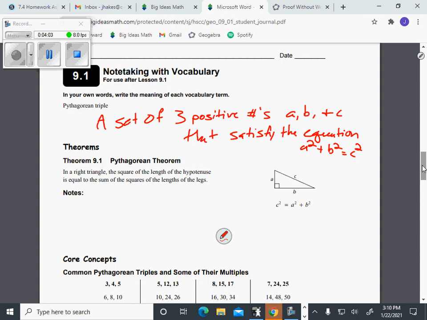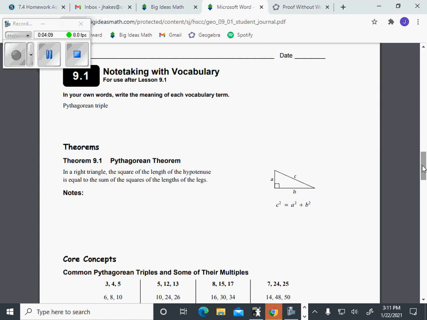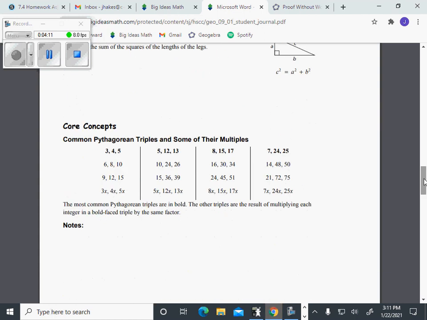And so, like, I think 3, 4, and 5, yep, down here are the Pythagorean triples. 3, 4, and 5, right? Because 3 squared plus 4 squared should equal 5 squared. 9 plus 16 equals 25. Okay, those are Pythagorean triples.